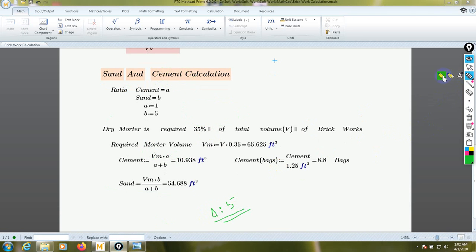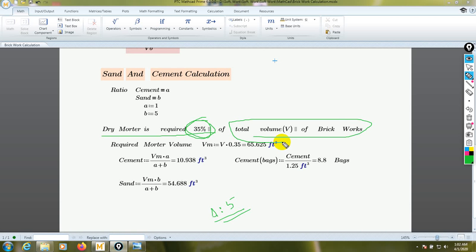Our mortar requirement: 35% is dry mortar, 35% of the total volume of brick work. If you consider 35% of the total volume of brick work, we'll find our dry mortar.